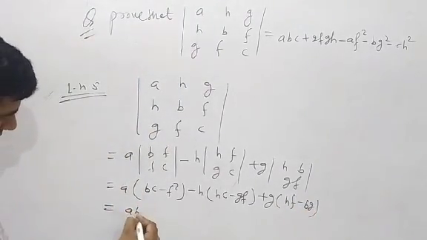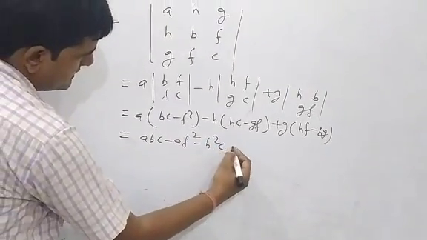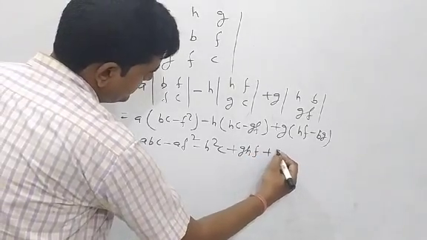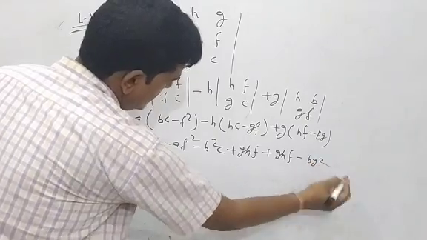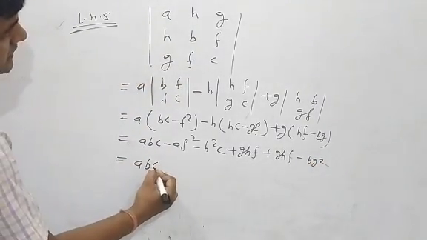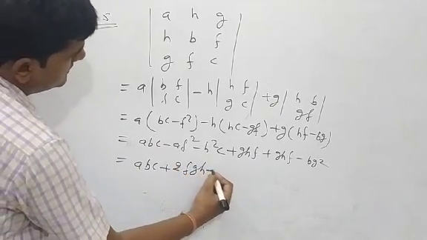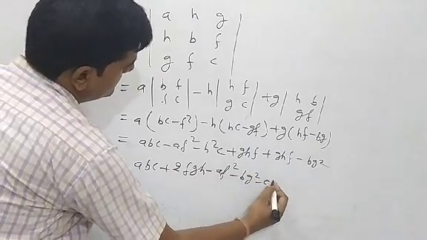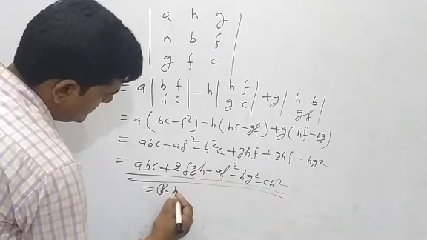Open the bracket. ABC minus AF square, minus H square C plus GHF plus GHF minus BG square. Now ABC plus 2FGH minus AF square minus BG square minus CH square. Now you can check, this is the right hand side.